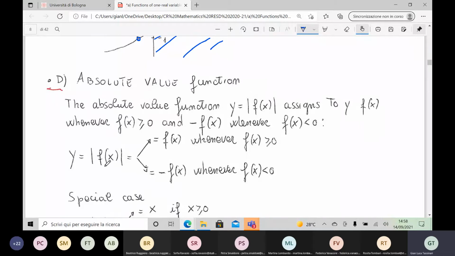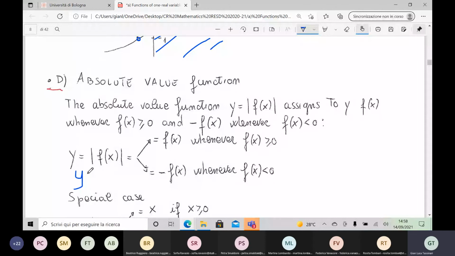So the absolute value of f of x is equal to f of x for all the x such that the inner function is greater or equal than 0, and equal to minus f of x whenever f of x is negative. So in other terms, the absolute value function is always greater or equal than 0. So y, by definition, is always greater or equal than 0.